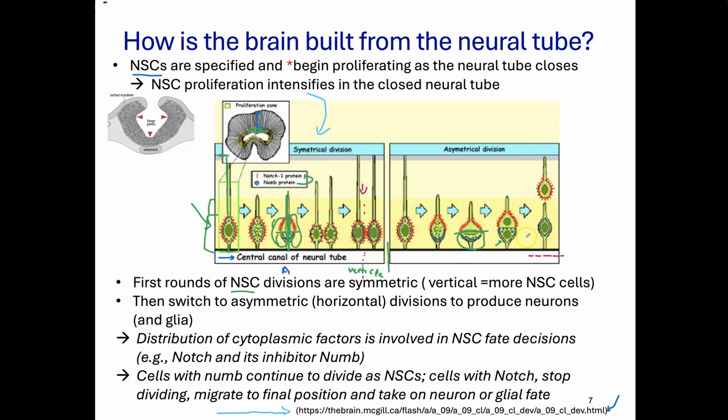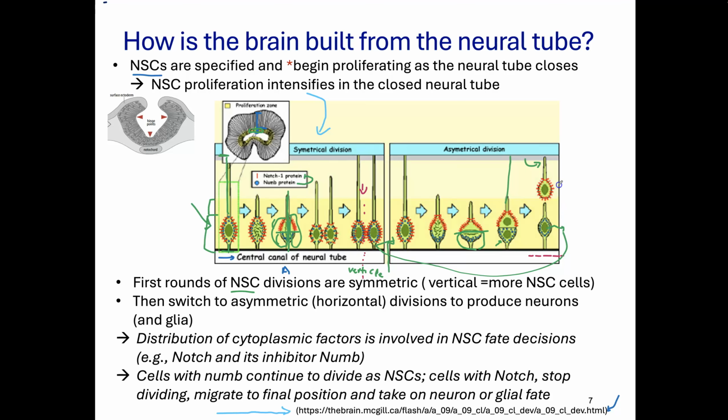So it stays as a stem cell, and in a little while it can start to express more Notch as well, and it goes through this whole process again. But the other cell, the cell on the basal side, has all the Notch and doesn't have the Numb, and it makes a connection to the basal surface.